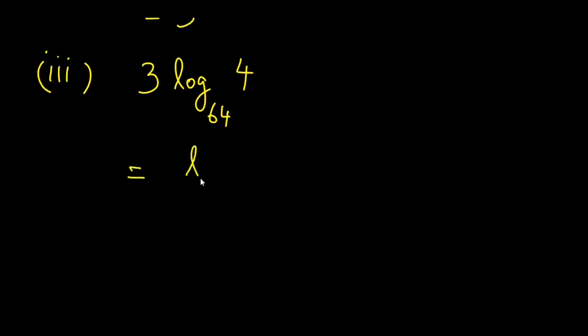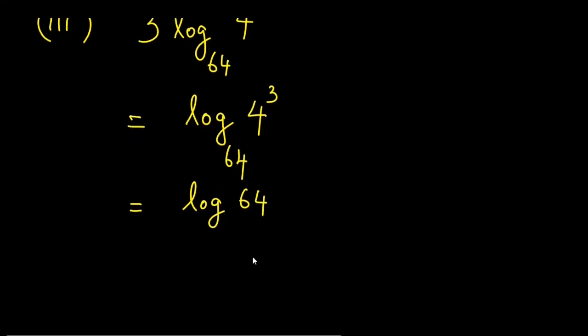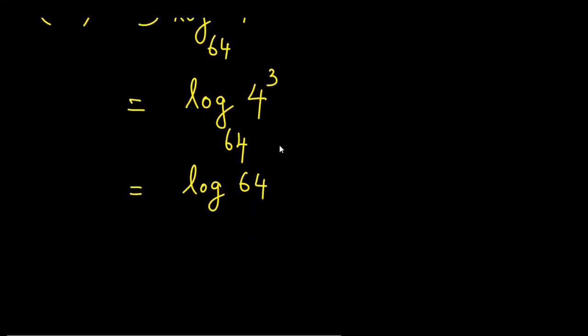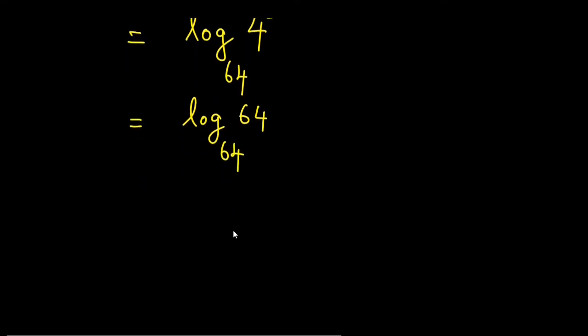This is equal to log of 4 power 3 to the base 64. So 4 power 3 is 64. 4 into 4 is 16, 16 into 4 is 64, to the base 64. This is 1.